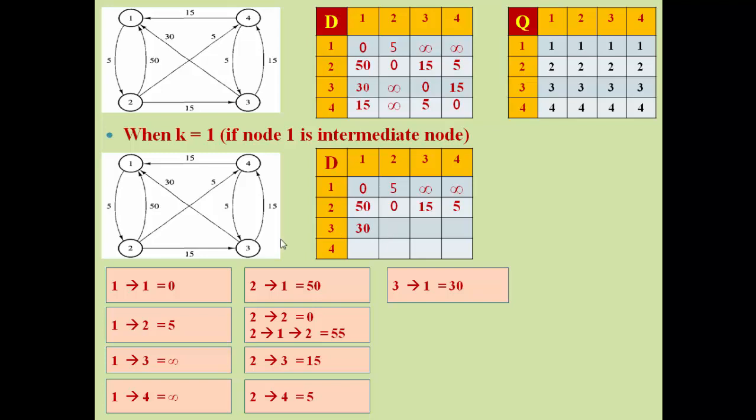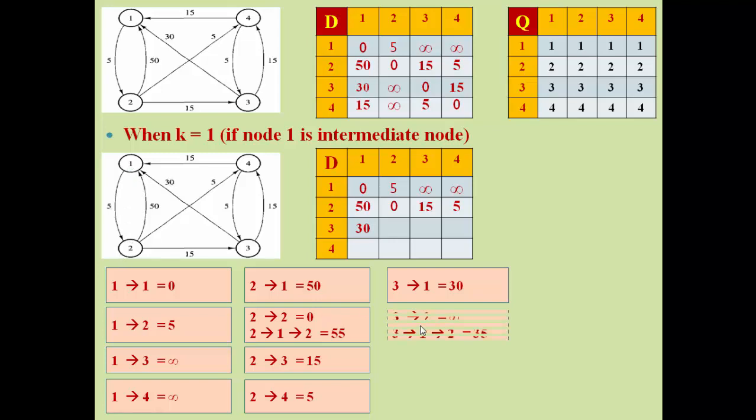Now 3 to 2. There is no direct path, so the value is a sentinel value. When we use an intermediate node to reach from 3 to 2, can we get a path? Yes, 3 to 1 is 30, and 1 to 2 is equal to 5, so we can get 35.